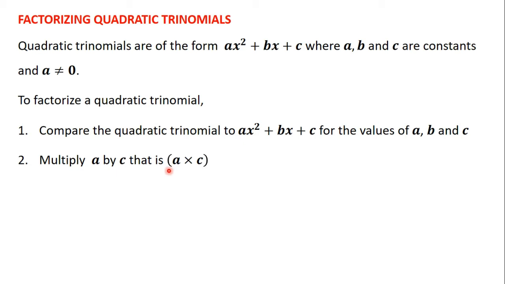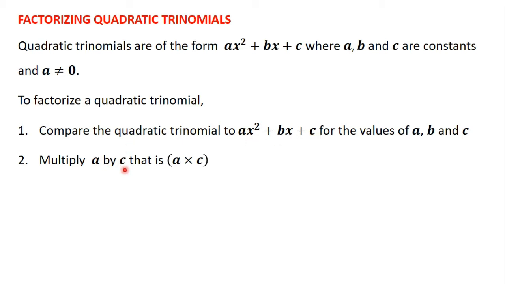After that, you multiply a by c, so you have a times c. This means that after you have the values of a, b, and c, you multiply a, which is the coefficient of the square term, by c, which is the constant.